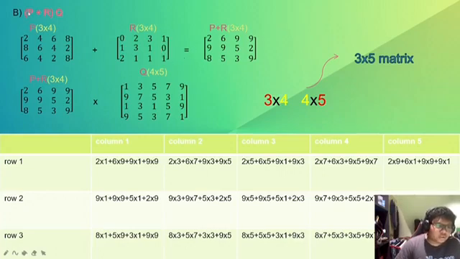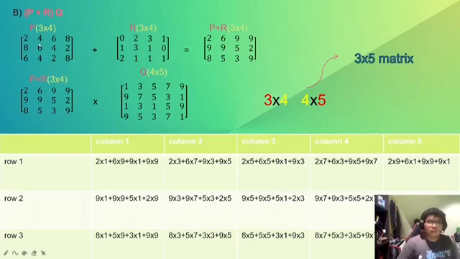So the first thing we are going to do is the addition of P and R. Before doing addition for matrices, we must make sure the matrices are the same size, and if not, we cannot add those matrices. So I am going to show you how I add matrices P and R.